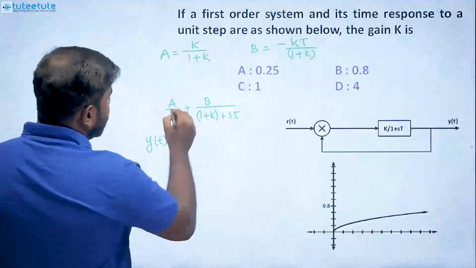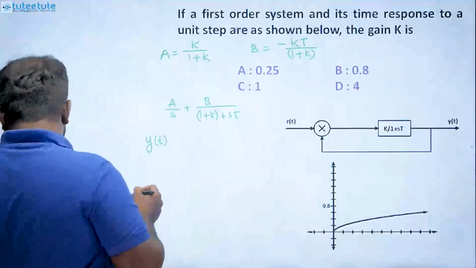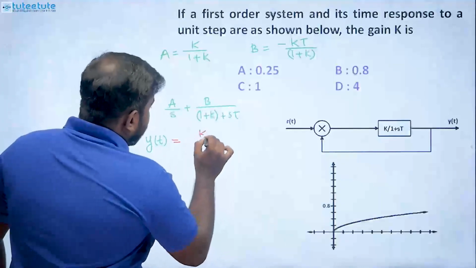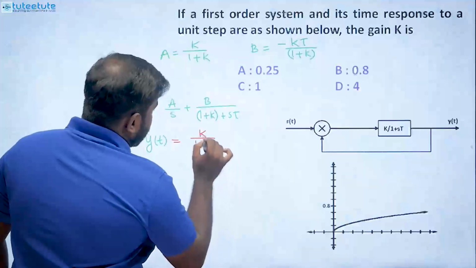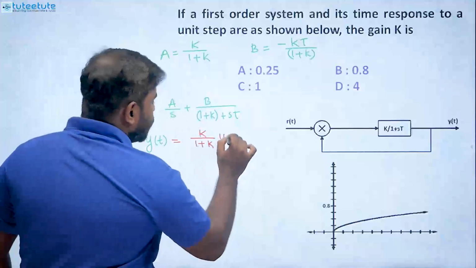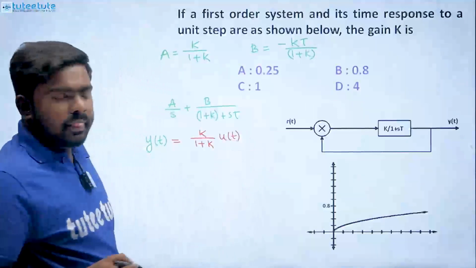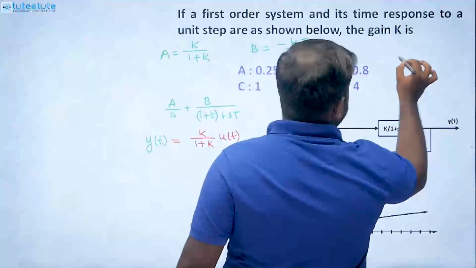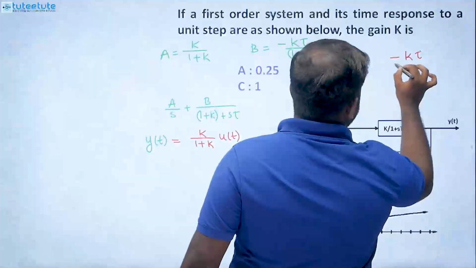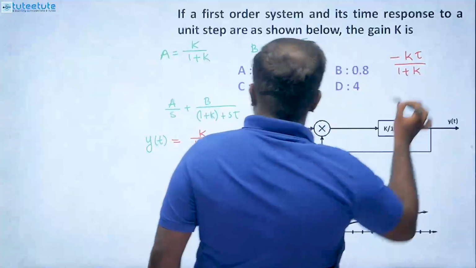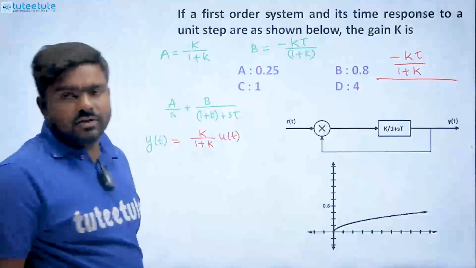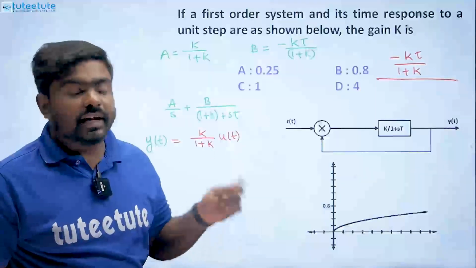Y of t would be, A is nothing but k divided by 1 plus k, then 1 by s would be u of t. Now to do this, you have to substitute the B value here, minus k tau divided by 1 plus k, whole divided by 1 plus k tau s, but that is not in the standard format.